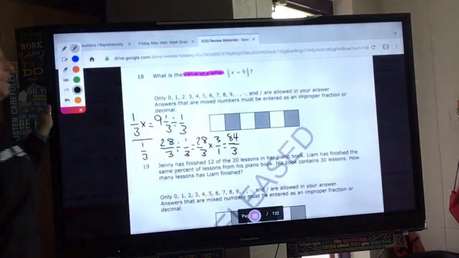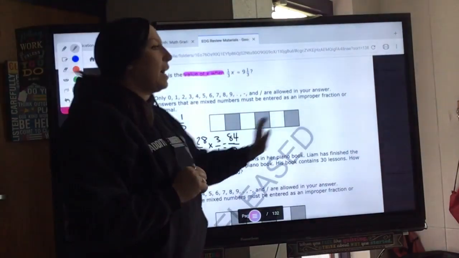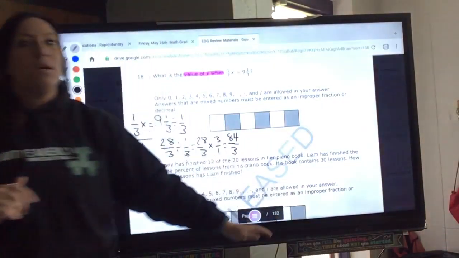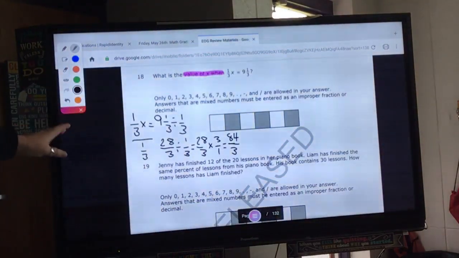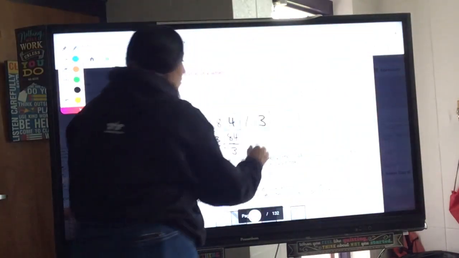All right, and then can we put 84 thirds in our answer? Yes, you can. Why can you? Because if I change this back to a mixed number, can I put a mixed number into an open response? No. So I'm good to go if I put in 84 thirds.